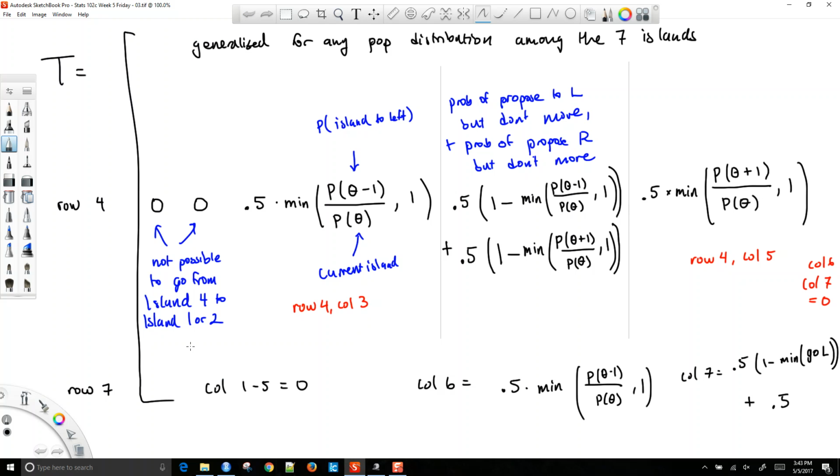And at the very end, once we've converged to our stationary distribution, I multiply by my transition matrix again, and it makes no change.